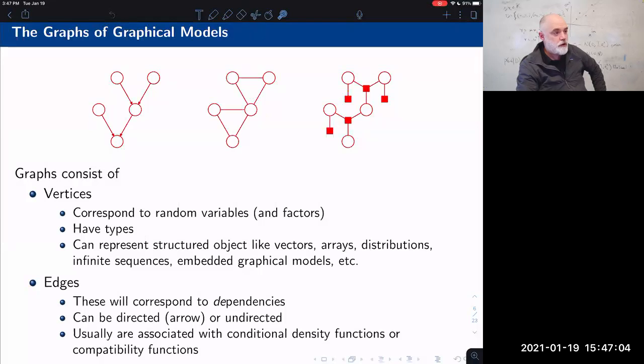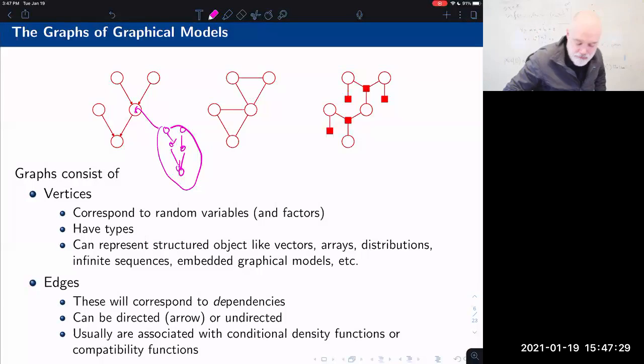Or each node itself could be a vector, a matrix, or a string. Or, and this is more important than you might think, this node itself could actually be a graphical model inside. So these things can be nested.